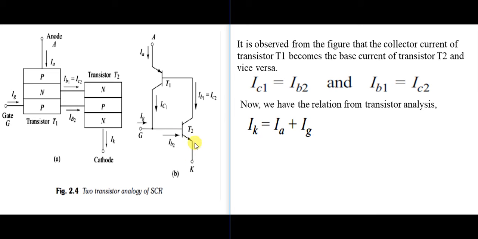This cathode current, which is the emitter current, equals anode current plus gate current, because you can see that both are coming to this point. So this is the addition, and finally, in simple words, emitter current equals base current plus collector current. Hence here it is written as cathode current, which acts as the emitter, through the emitter to collector, and this is the base.